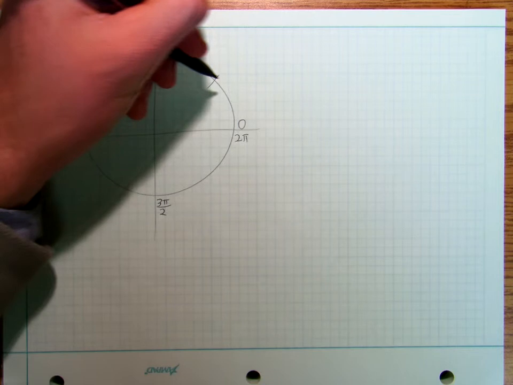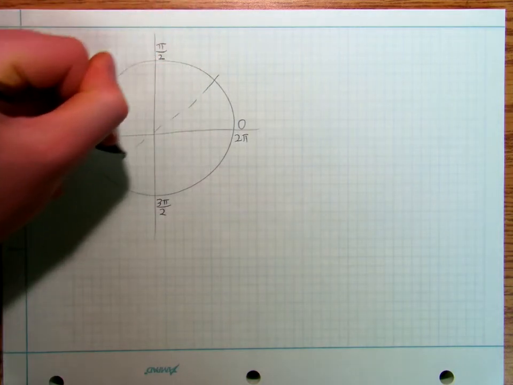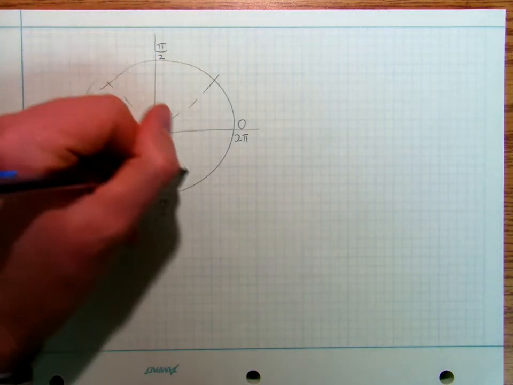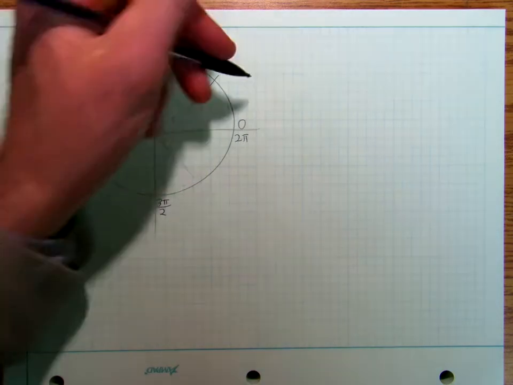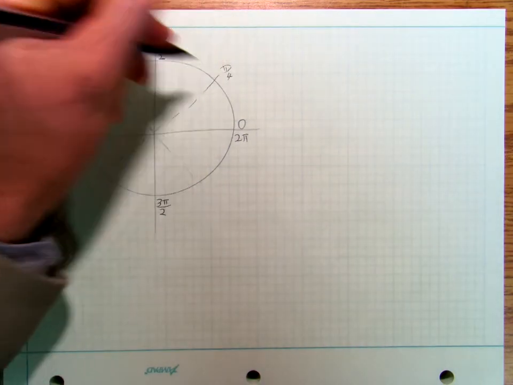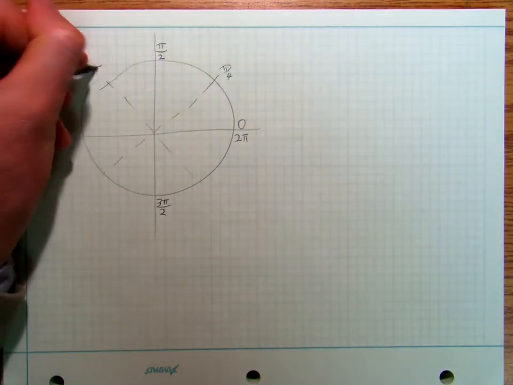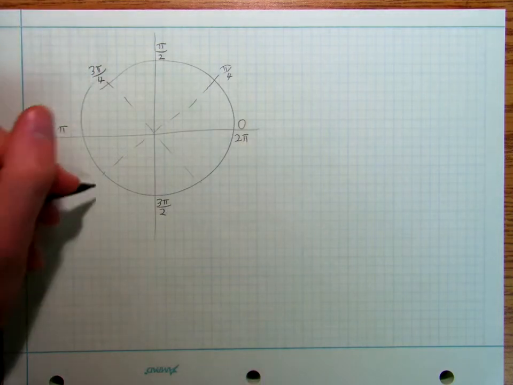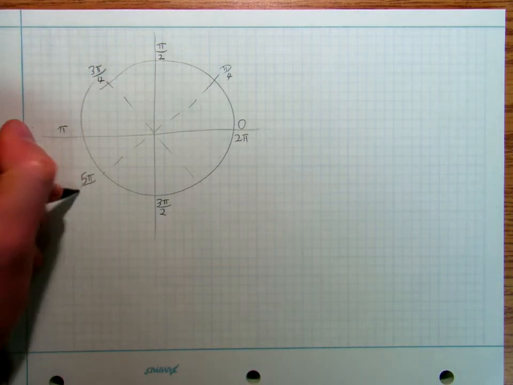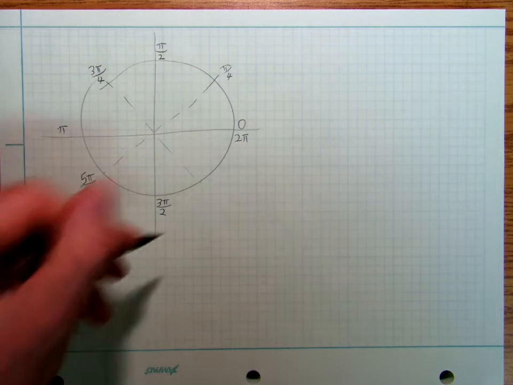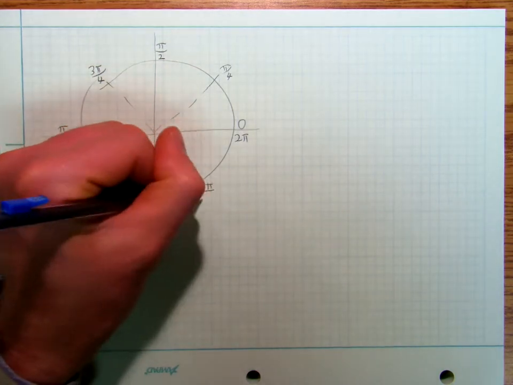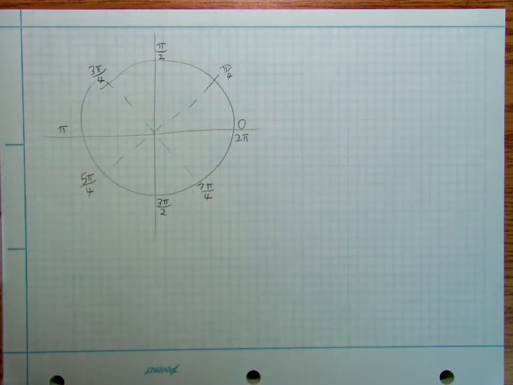I'm just going quickly. So that's pi over 4, 2 pi over 4, 3 pi over 4, 4 pi over 4, 5 pi over 4, 6 pi over 4, 7 pi over 4. All right.